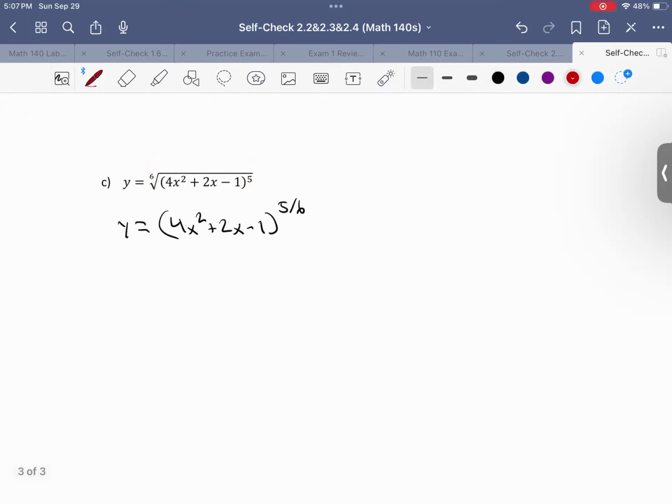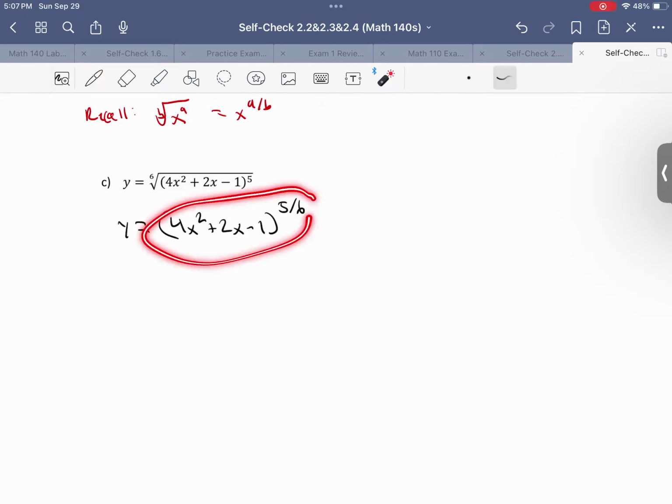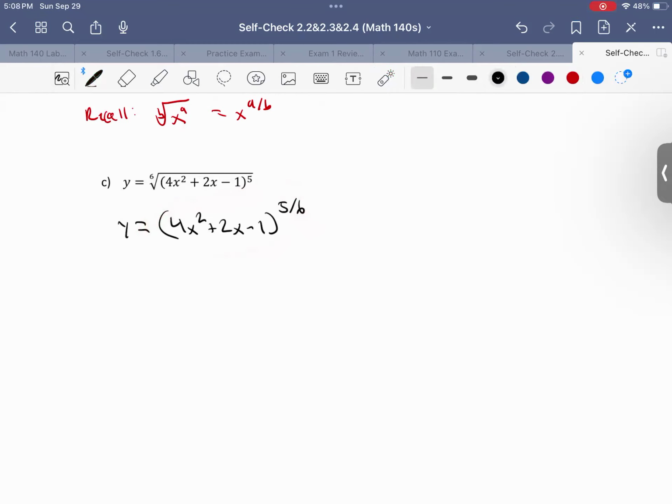We did this a little earlier before, but recall that if you have x to the a with a b root, it's just x to the a over b. Okay, so let's go ahead and take a derivative of this, but we got to use a chain rule, because otherwise we would need to multiply this out by the 5/6 or take the fifth sixth root, and that's just not possible for the amount of time that we have.